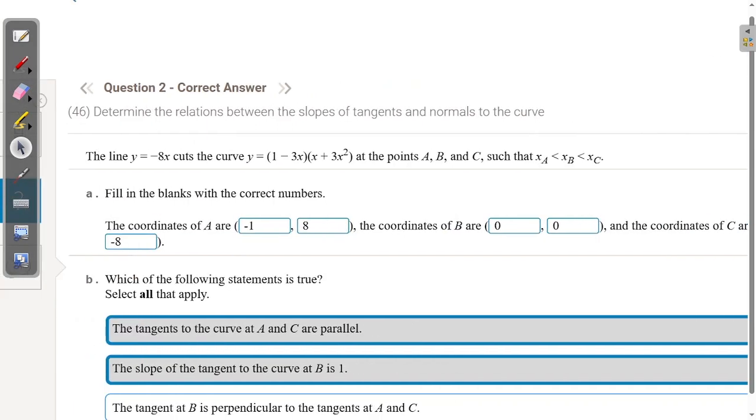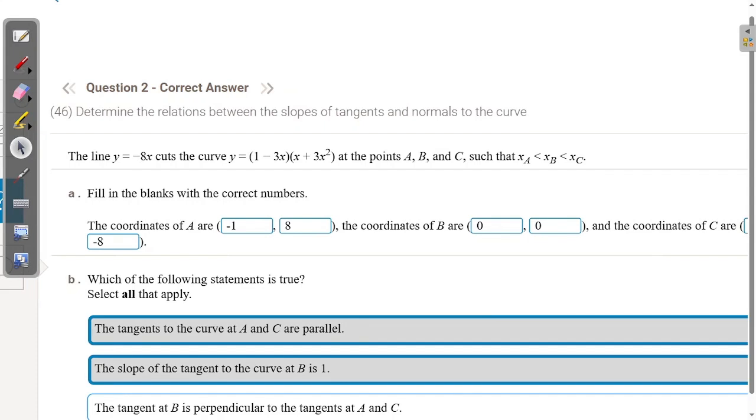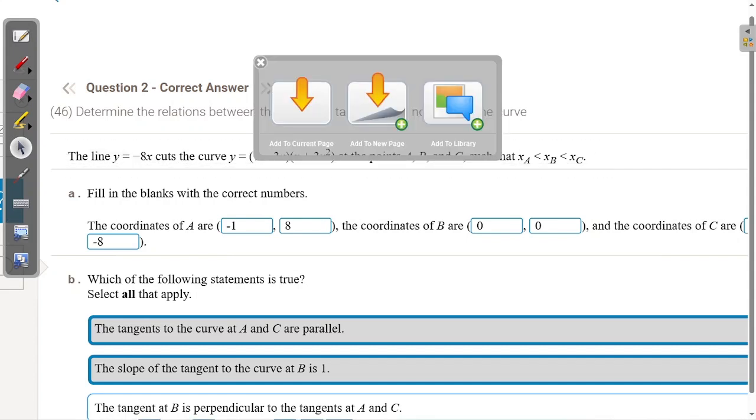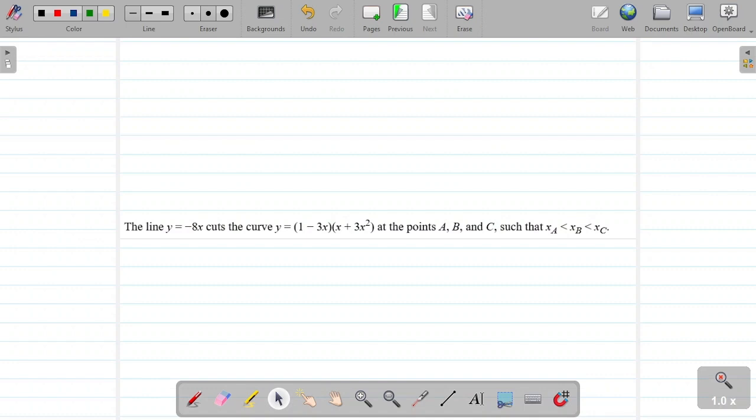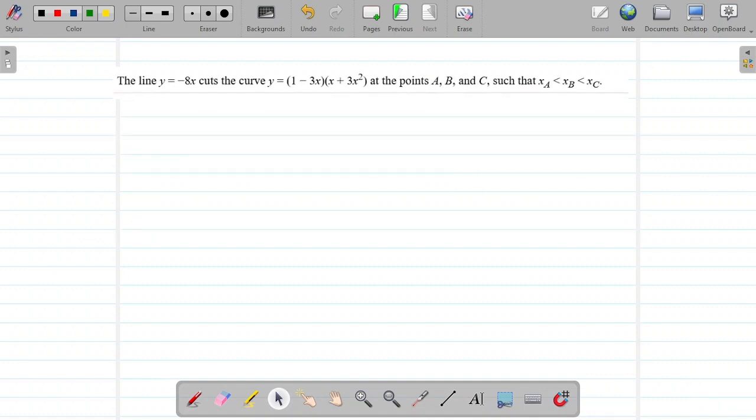Okay, now the line y equals negative 8x cuts the curve at the points A, B, and C such that x of A is the smallest, x of B is in the middle, and x of C is the biggest. Okay, so first of all, let's try to write this equation in a simpler form.